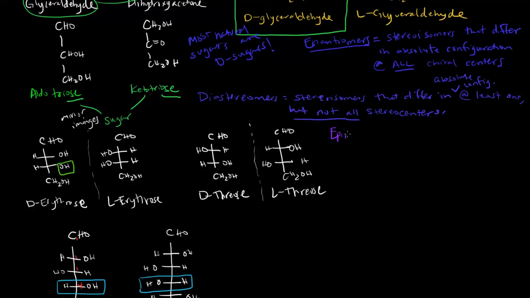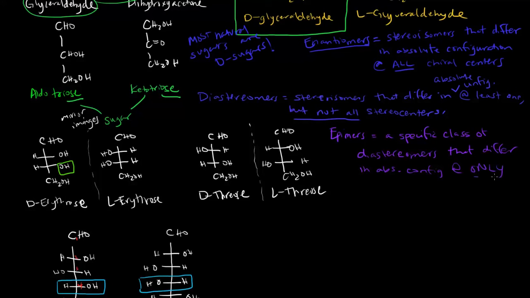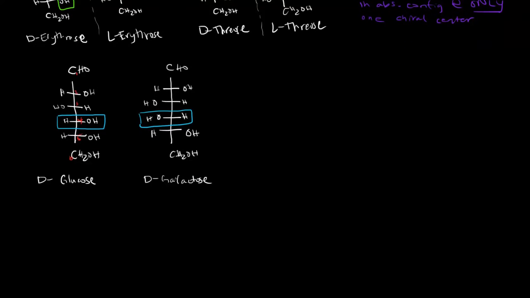Epimers are a specific class of diastereomers that differ in absolute configuration at only one chiral center. So glucose and galactose are epimers, specifically C4 epimers. These two.